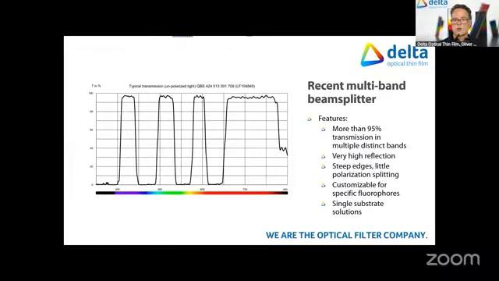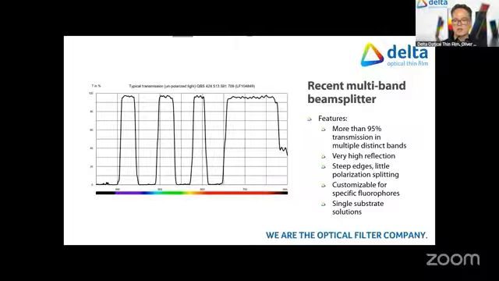And of course, if you want to work in microscopy, you not only need the bandpass filter for the excitation and emission channels, you also need the beam splitter that goes along in combination with these two components. And also here you can see what has become possible with modern design and production technology. Very high transmission in the pass bands of the beam splitter, very high reflection, and again very steep edges.